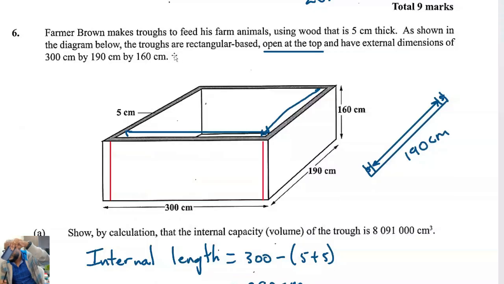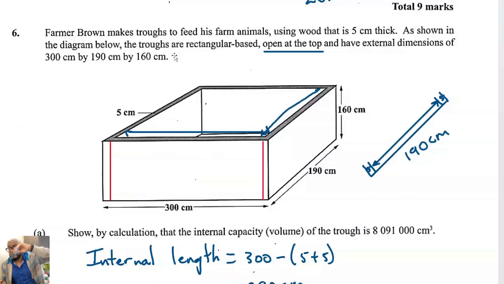The cell phone case has a thickness underneath, but it's an open lid. So the height on the inside of the case is not the height on the outside. Okay, Andrew? So you have to minus the thickness of the bottom alone because there's no lid on top. There's an opening on the top.